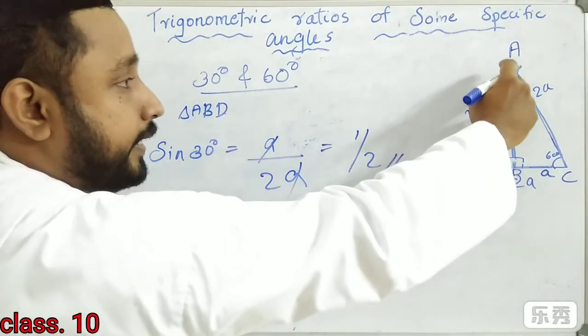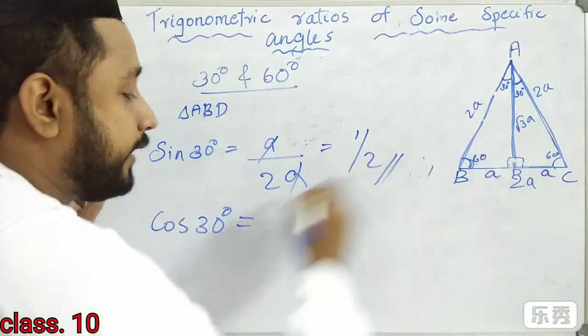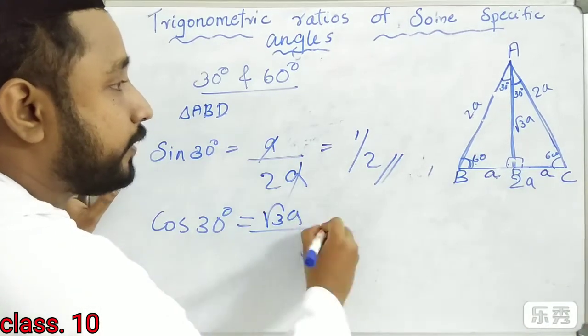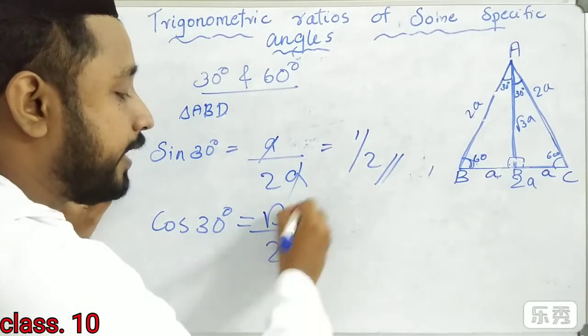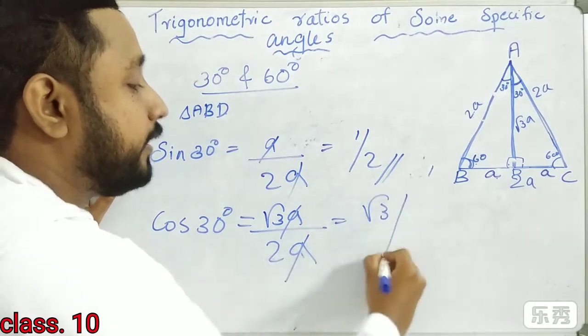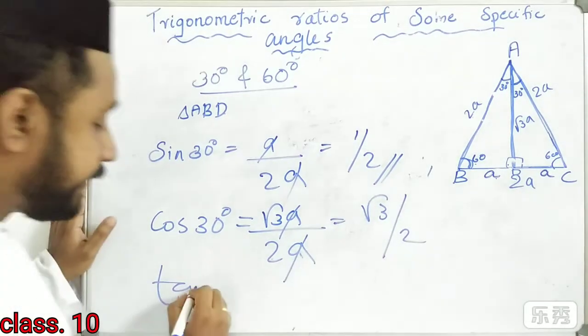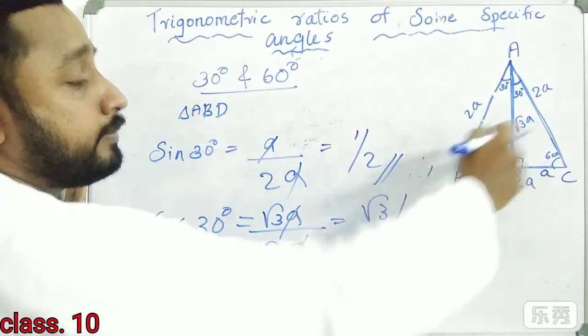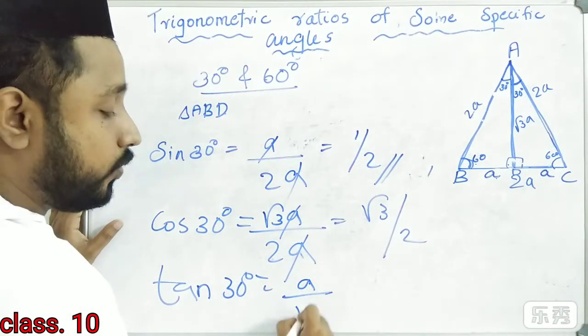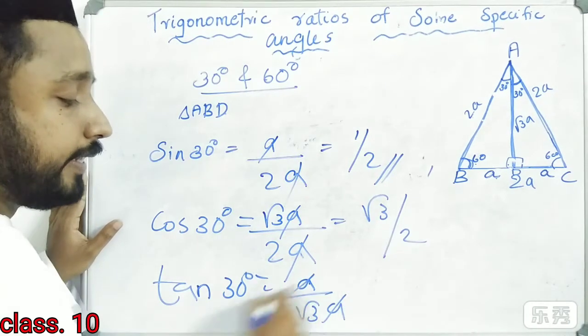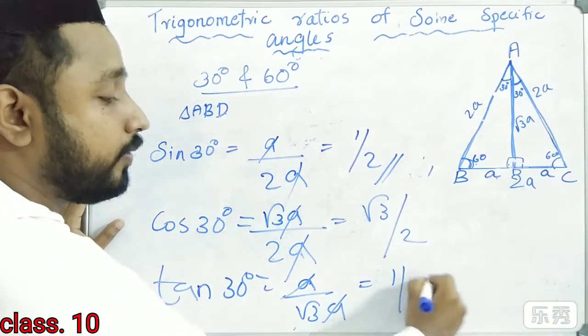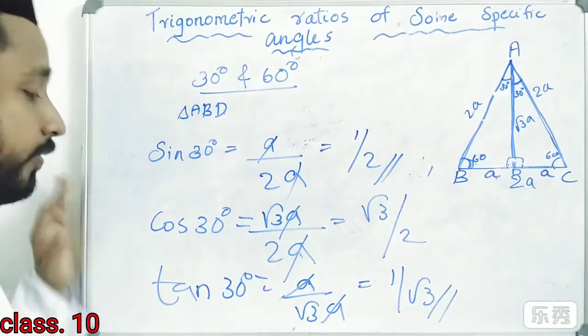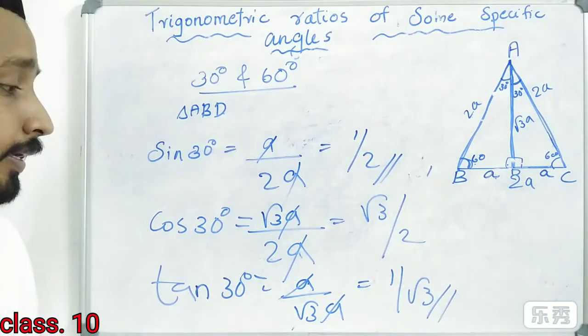Adjacent side for angle 30 degree is root 3A by hypotenuse 2A. Cut A and A, we got root 3 by 2. Then tan 30 is equal to opposite side by adjacent side, therefore A by root 3A. We can cut A and A, we got 1 by root 3. So tan 30 is equal to 1 by root 3.